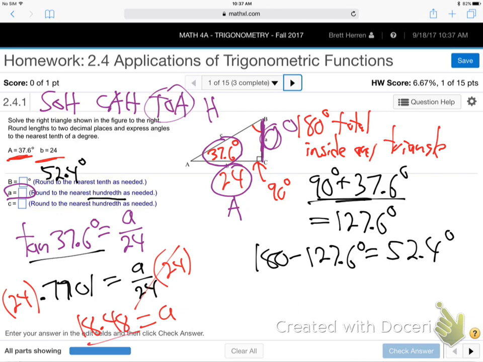So we'll round to the hundredths place because they want two places. So 18.48, that good? Got our little a. A little bit easier than the last problem, right?